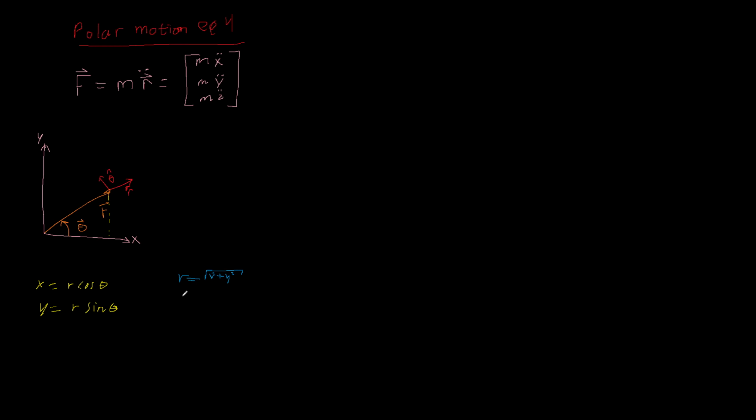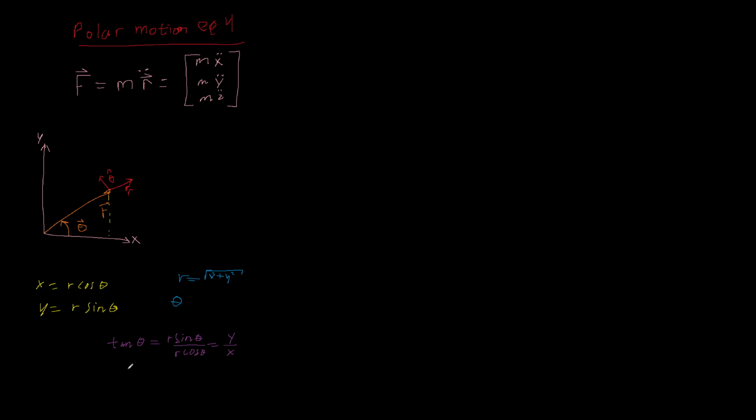And then to find the angle, we want to remember that tan theta is equal to sine theta over cosine theta, or r sine theta over r cosine theta, which is y over x.